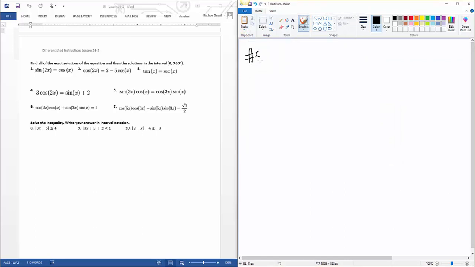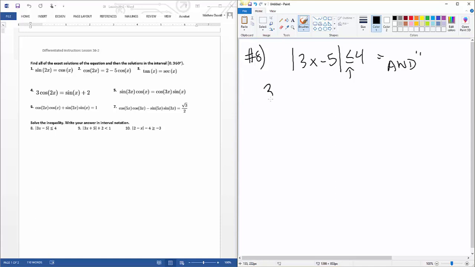And then number 8, it says the absolute value of 3x minus 5 is less than or equal to 4. So less than, that's an and statement. That means I want to see where they intersect.